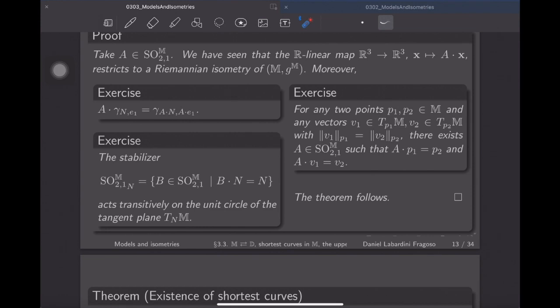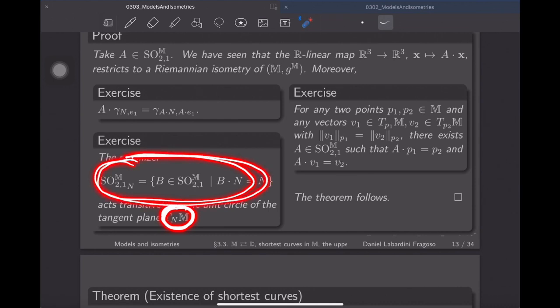This unit circle contained in this tangent plane is preserved by any element here, because any element here preserves the value of Minkowski's inner product.